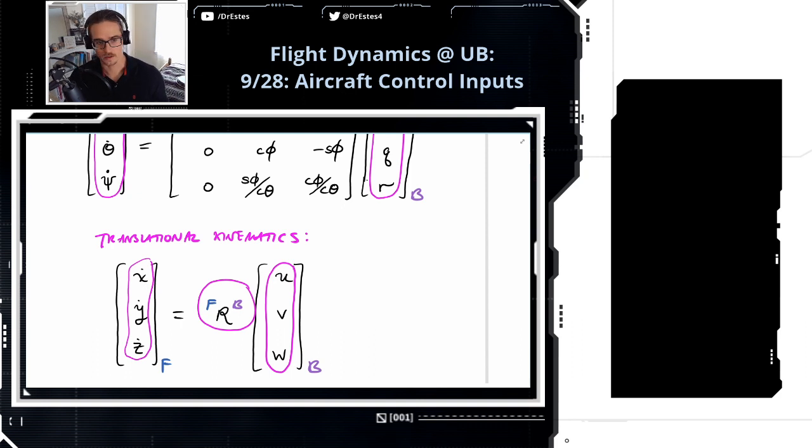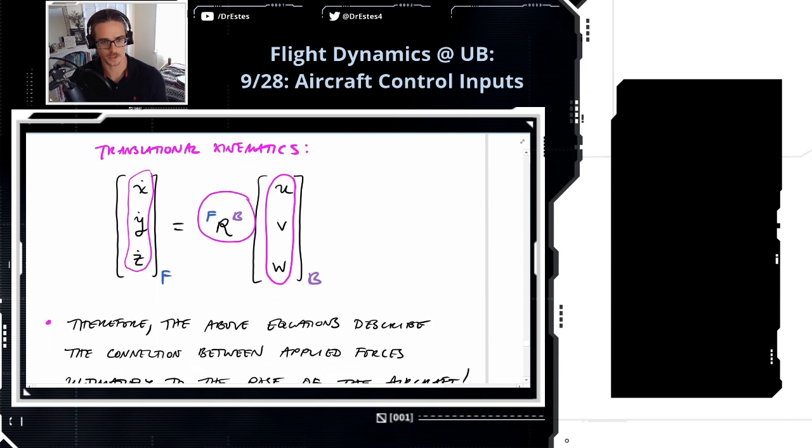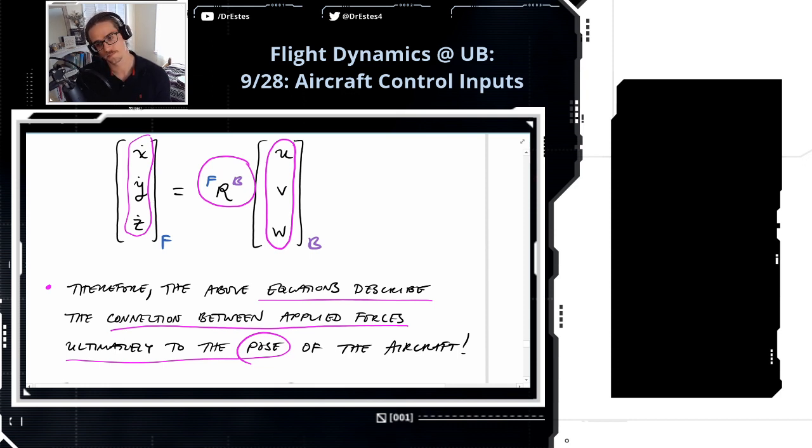So the point here, I wrote a little description here. The above equations describe the connection between the applied forces and ultimately the pose of the aircraft. So the forces and moments affect the dynamics. The dynamics affect the kinematics.